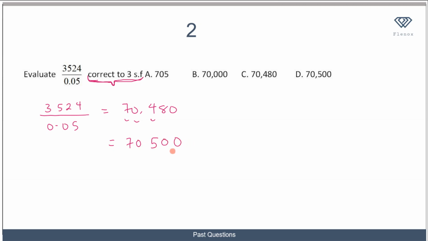So if I'm writing 70,480 to 3 significant figures, it becomes 70,500. So the answer is D. I should mention again, selecting C would be the wrong option because C is actually the answer to 4 significant figures, but the question is asking for 3 significant figures. So take note that you read the question very well to know what is required of you.